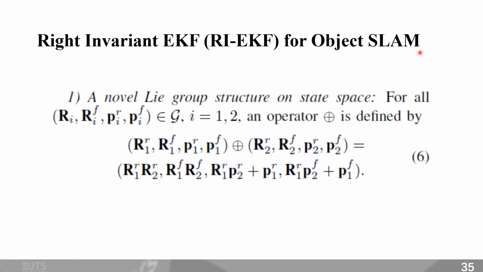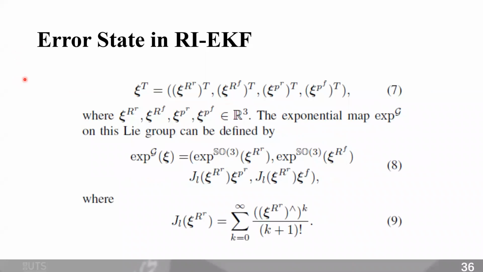And the right invariant EKF is based on the proposed Lie group structure. The ⊕ here is the Lie group multiplication. Based on such a Lie group, the error state is shown here. The exponential map is something like the right invariant EKF in the point feature-based setting.